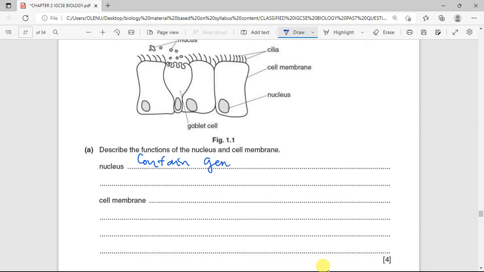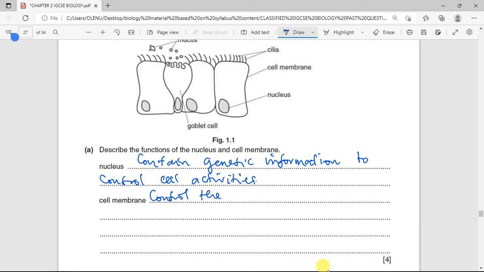Nucleus contains genetic information to control cell activities. Cell membrane controls the movement of substances in and out of the cell.